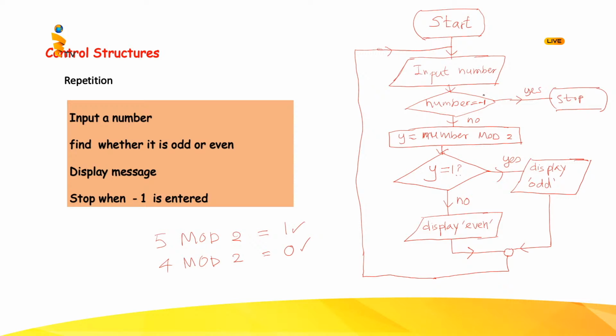If it is not equal to -1, we go on until someone enters -1, or you can change this problem. If someone enters a negative number, this could be stopped. It is up to you. This is my design. You can change it as you wish, but you have to maintain this. So this will go repeatedly. This will happen until -1 is entered as the number.